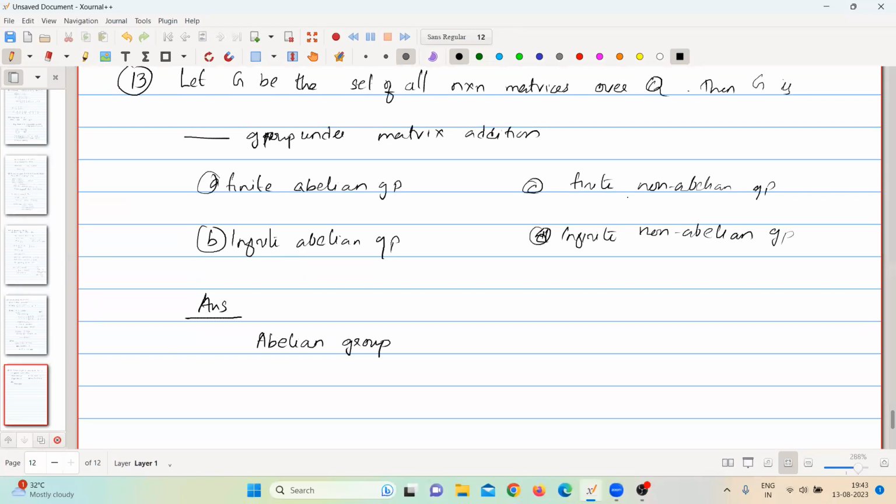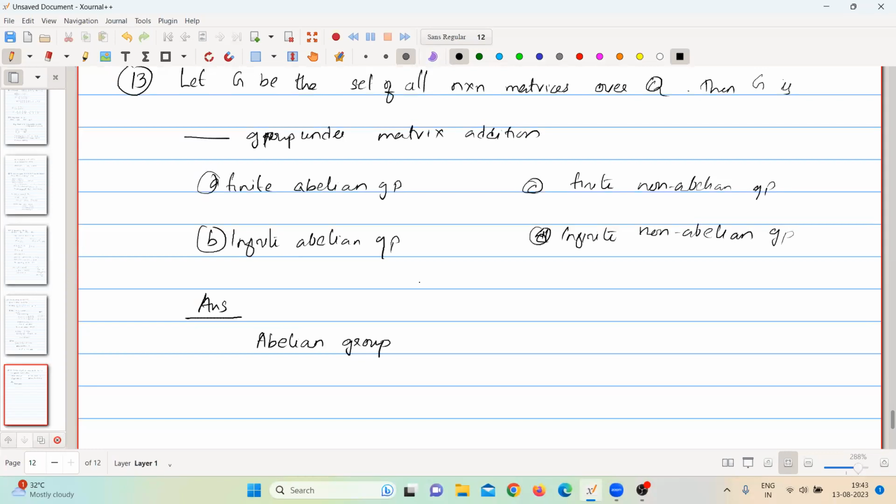So addition is always commutative, so it should be an abelian group. Now we need to check whether it is finite or infinite. Does the group contain only a finite number of elements or an infinite number of elements? What do you think?